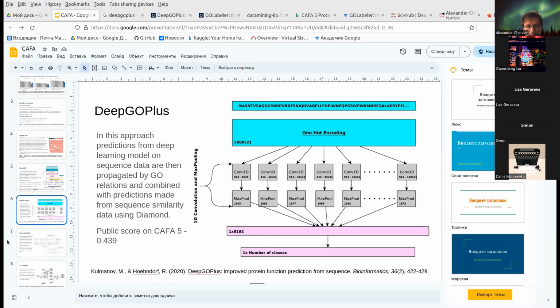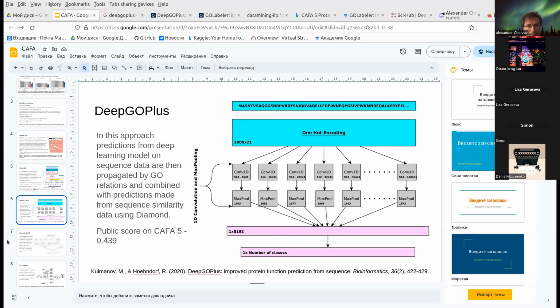Just to be sure, I'm not that familiar with the challenge, but there are different outputs in terms of GO terms included. How do they map onto the expected outputs in the challenge?